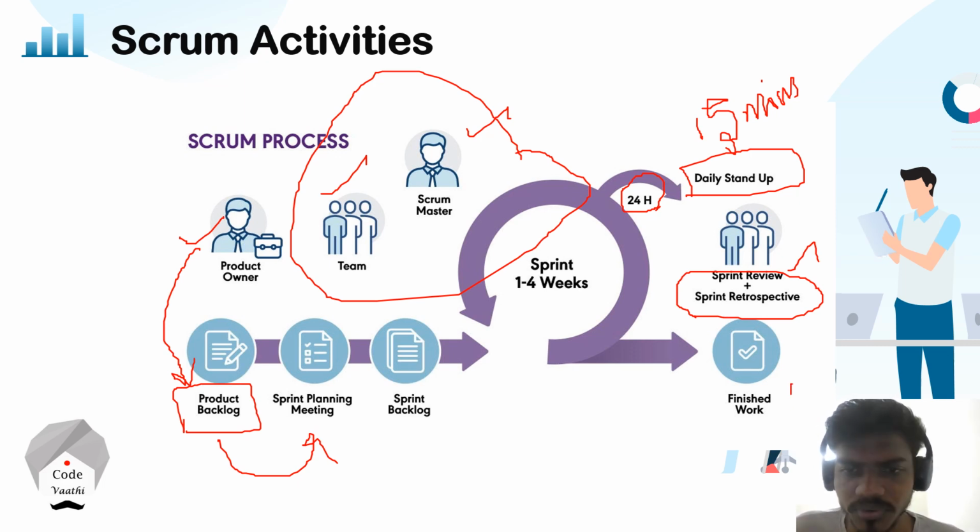Finished product or finished work, which we call iterations, is basically a very small amount of work which can either be given to the release so that people can use it, or an accumulation of small amounts of work can be put together and given as a release.